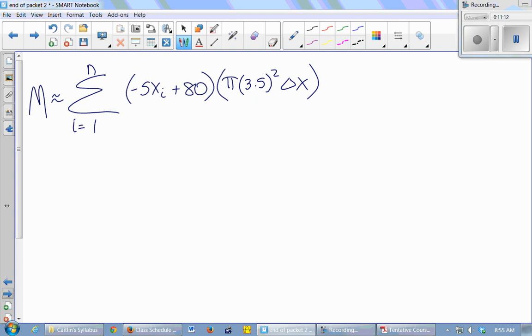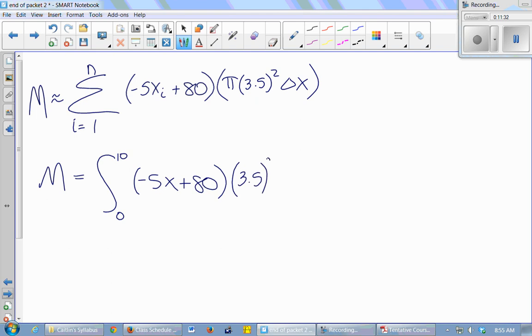An integral, thank you. So the exact mass is going to be the integral from 0 to 10, because those are my bounds where I'm stacking up these slices, of negative 5x plus 80 times 3.5 squared pi, and the delta x becomes a dx when you take the limit.